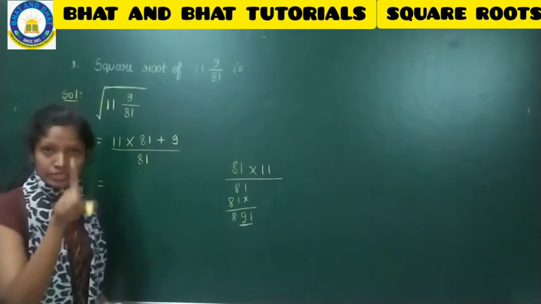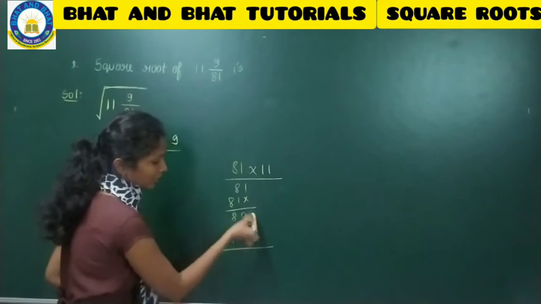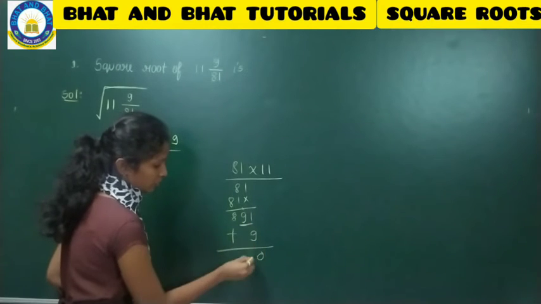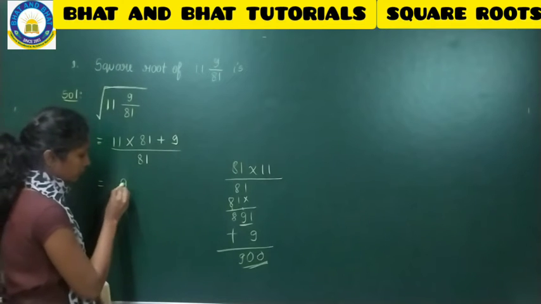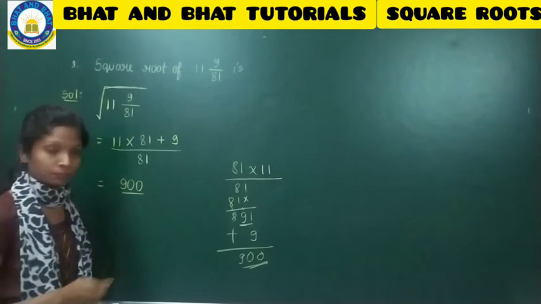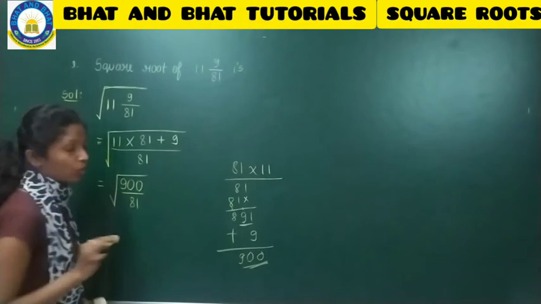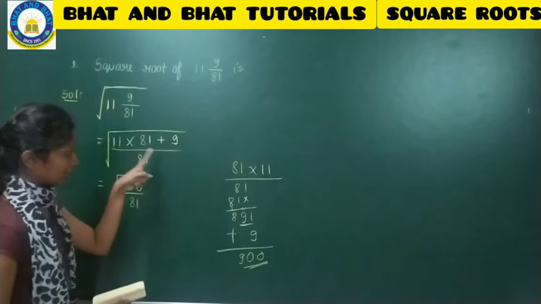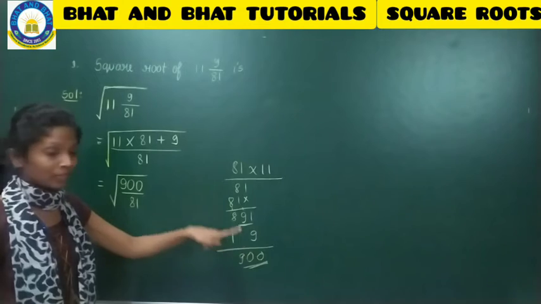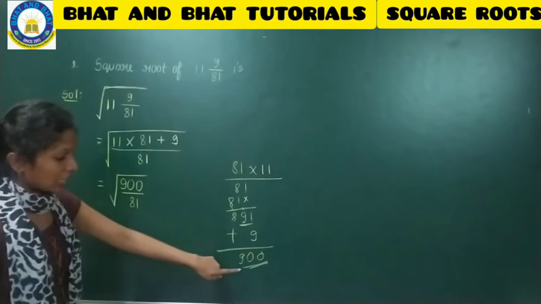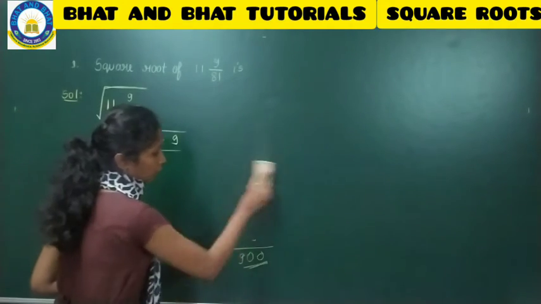Plus 9: 9 plus 1 is 10, 8 plus 1 is 9. So now you got 900. So 900 divided by 81, and the square root has not yet been removed.